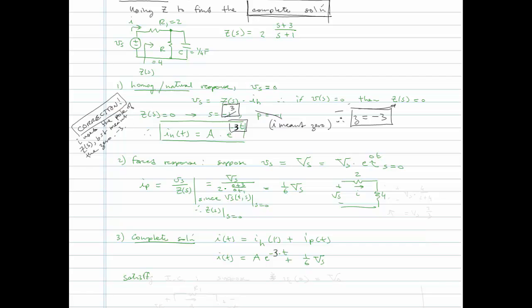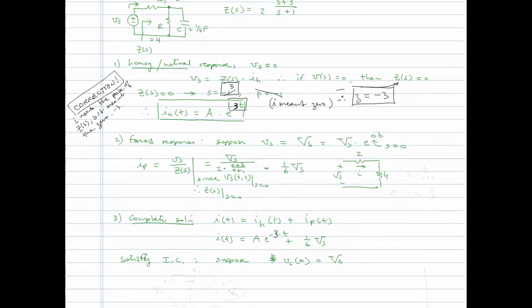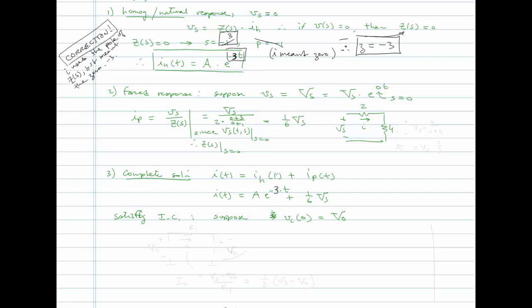Now we need to satisfy initial conditions. Suppose the initial condition is that the capacitor voltage is equal to V naught, some initial voltage. If that's the initial voltage, what will be the initial current flowing?